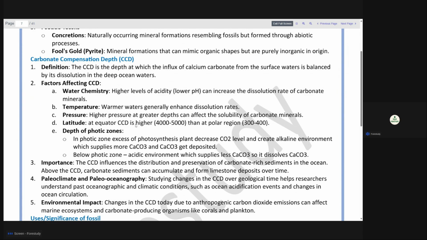So the CCD depth varies at different areas, depending on temperature, pressure, latitude, and water chemistry.